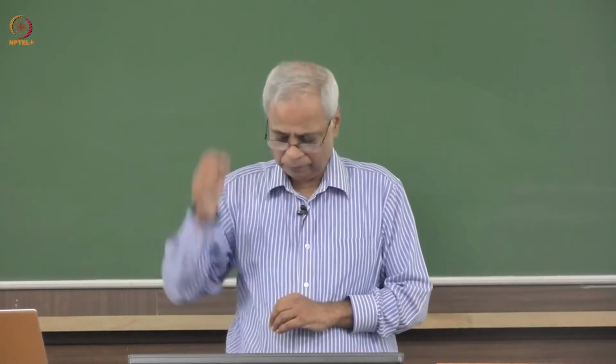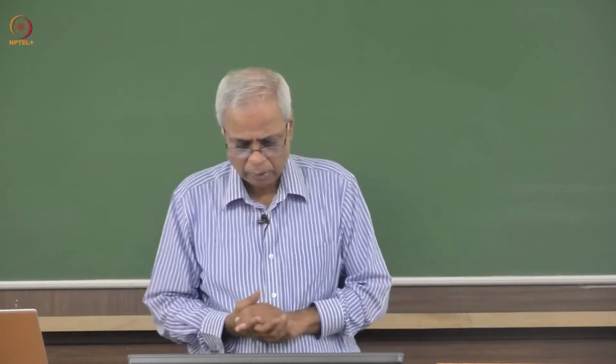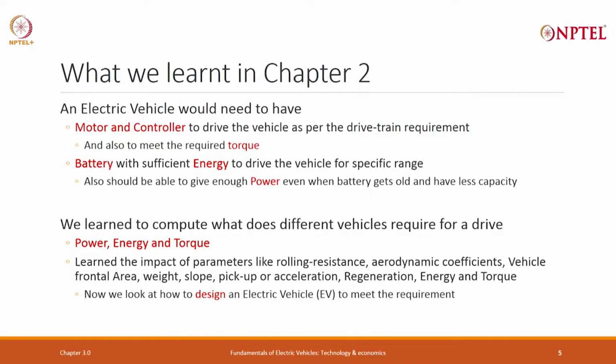So, very important. We learned to compute what different vehicles require for a drive: power, energy and torque. We learned the impact of parameters like rolling resistance, aerodynamic coefficient, vehicle frontal area, weight, slope, pickup, acceleration, regeneration.